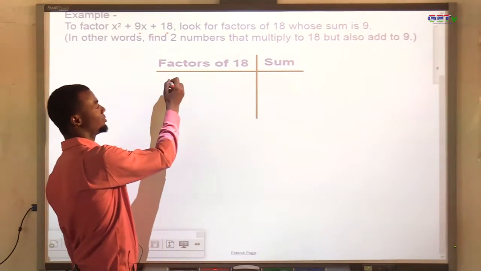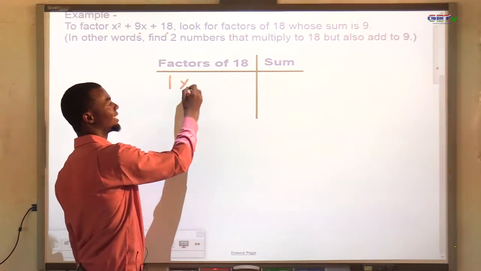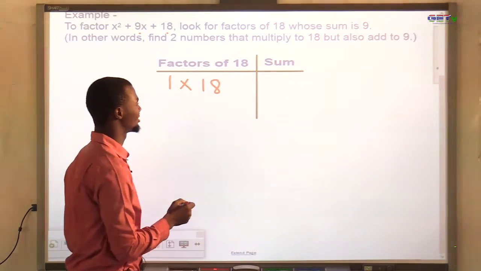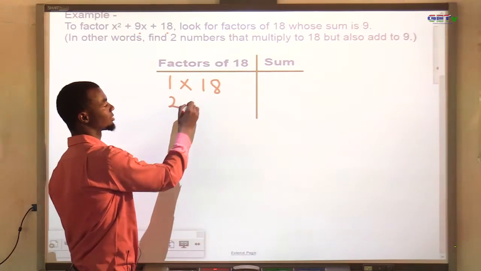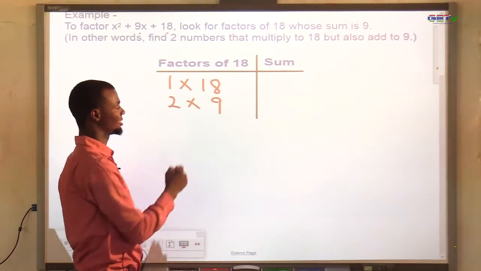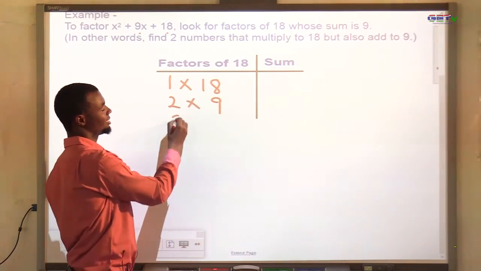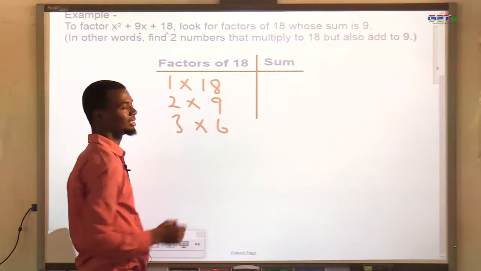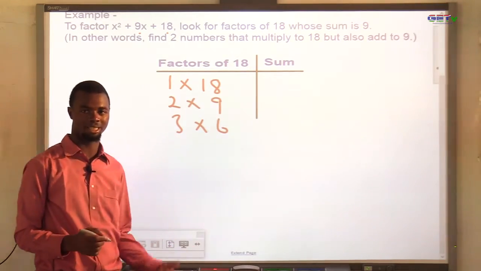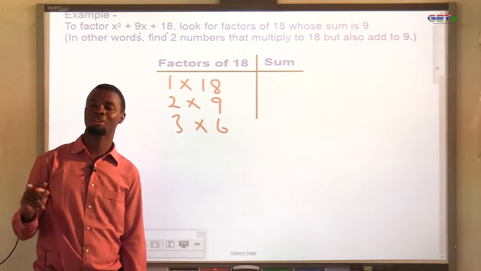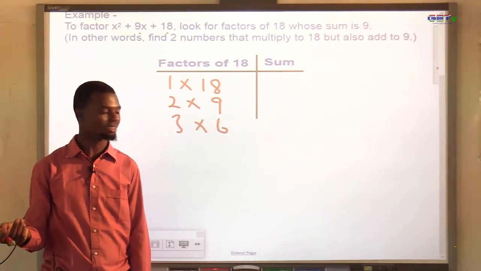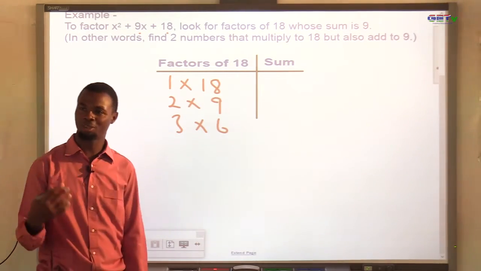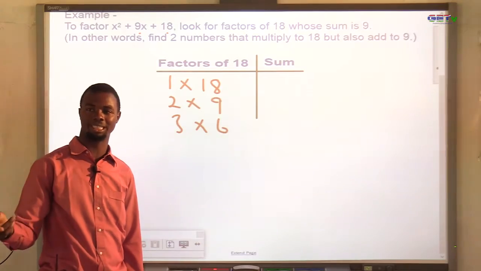So factors of 18, we have 1 and 18. We have 2 and 9. We also have 3 and 6. These are factors of 18. What are the other factors of 18? When we multiply two numbers, they give us 18.